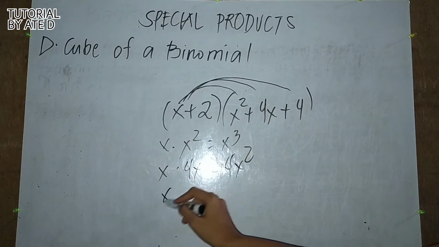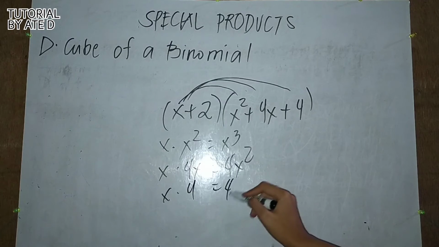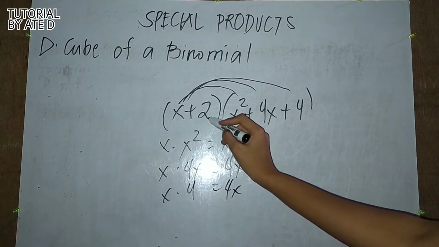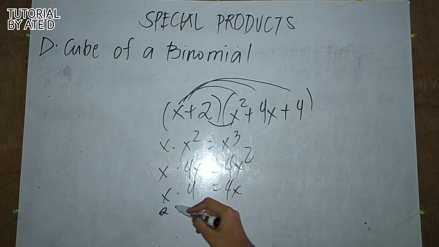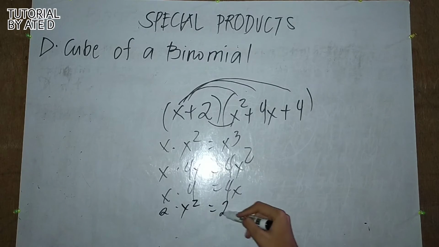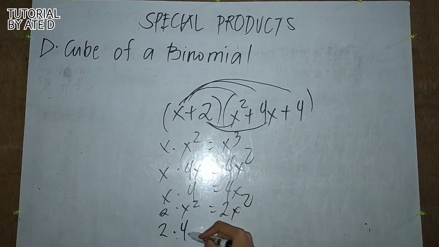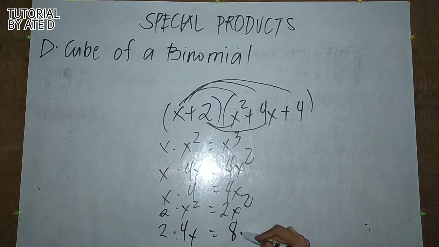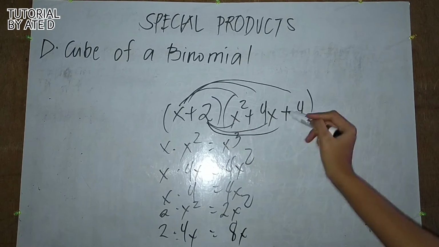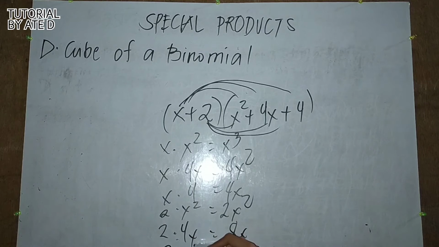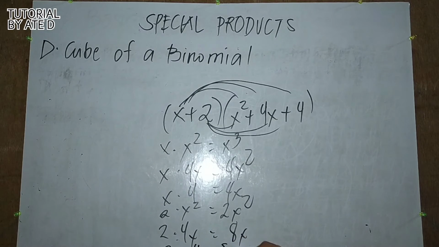Next, x times 4 will give us 4x. So, next ulit, 2 times x squared will give us 2x squared. 2 times 4x will give us 8x. And lastly, 2 times 4 will give us 8.